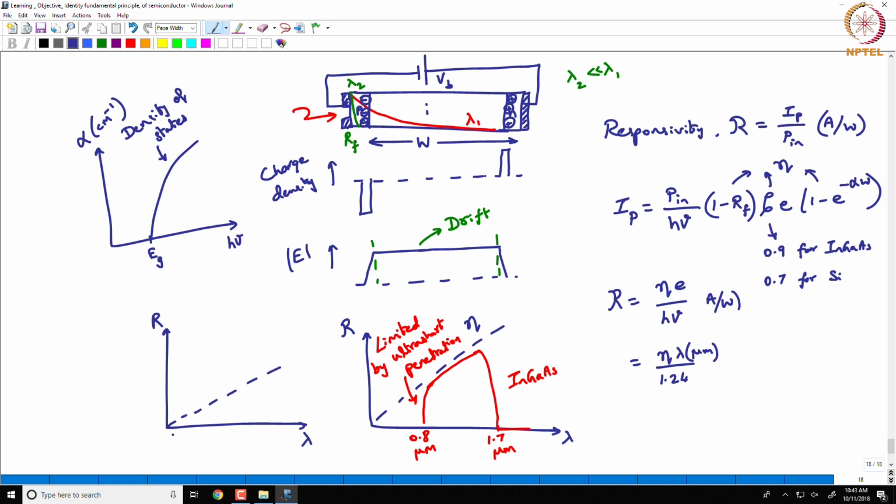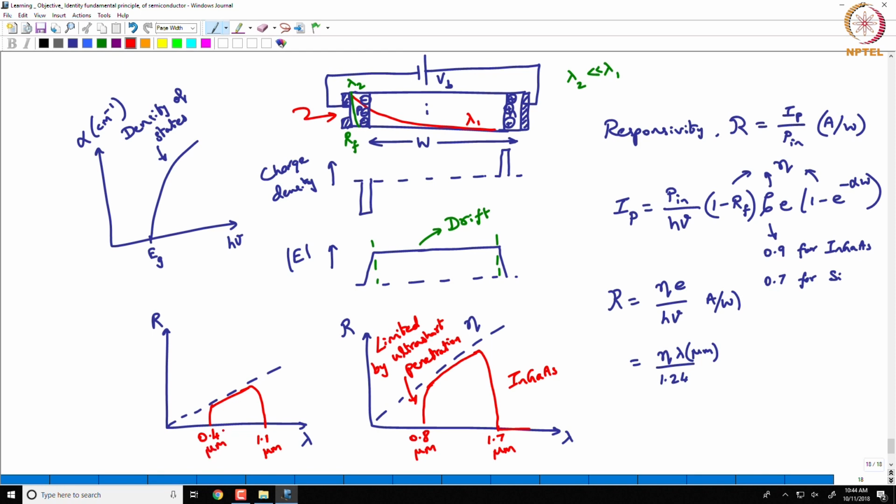So eta is somewhere around 0.5 typically, and the band edge corresponds to 1.1 micron. So anything greater than 1.1 micron wavelength will go straight through the silicon, right? So it won't absorb any of that light, and within that it's going to go like this, and then it's going to fall off, typically about 0.4 microns.